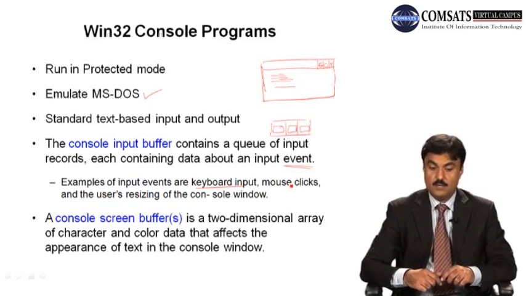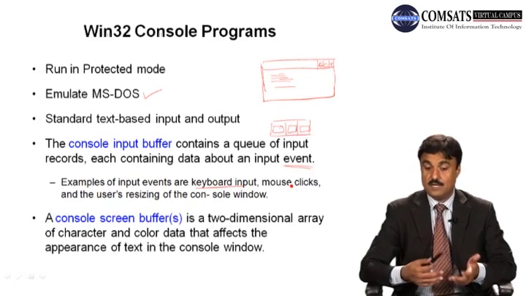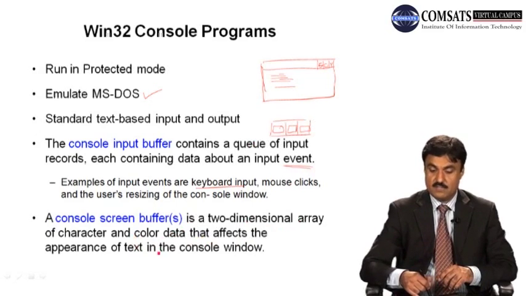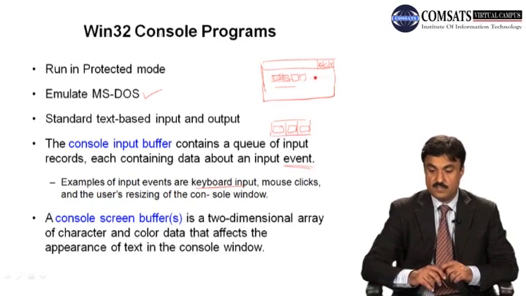On the other hand, we have the console screen buffers. There can be one buffer or multiple buffers. It is a two-dimensional array of characters and color data that affects the appearance of the text in the console window. For example, if you want to print any text-based output inside this window, you can change the colors and the attributes of the text.